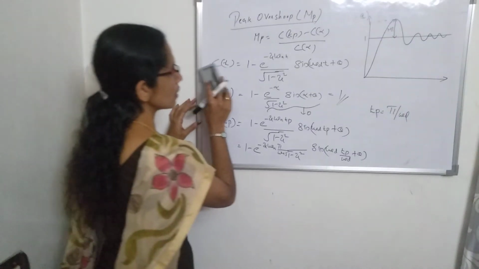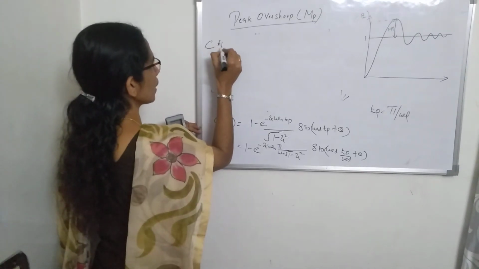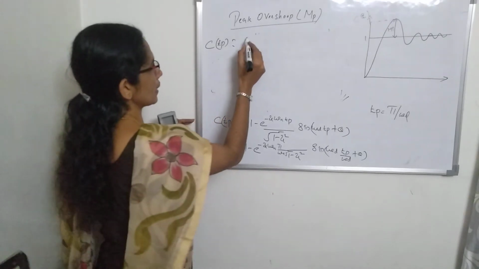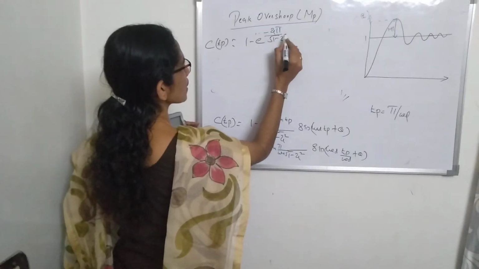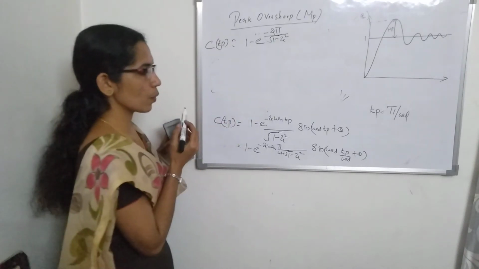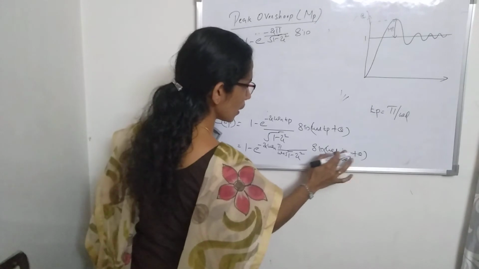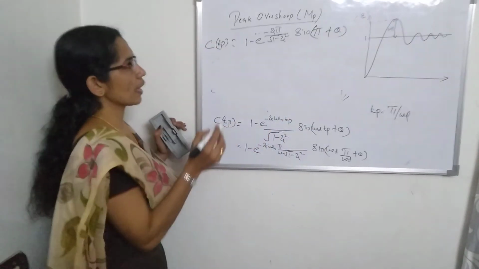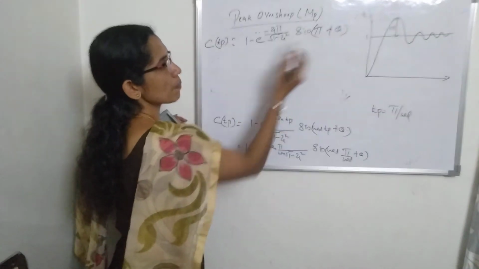This equation becomes C of Tp equals 1 minus e raised to minus theta pi by root 1 minus theta square into sine pi plus theta, since the omega n terms get cancelled.